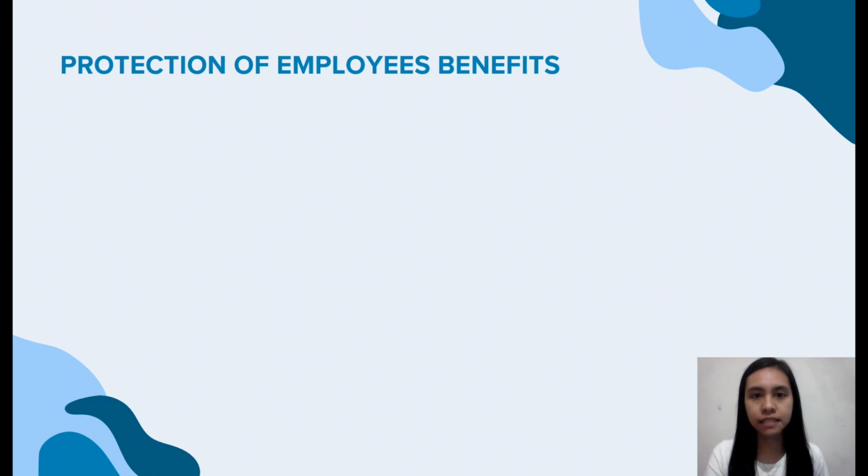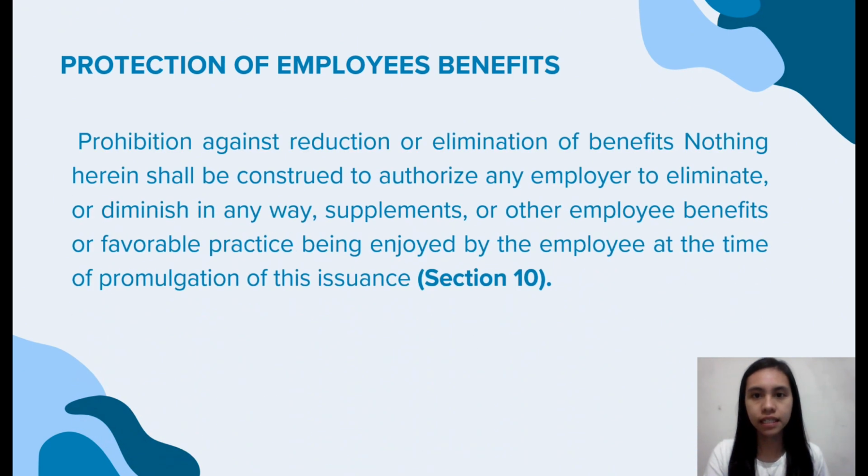Protection of employees' benefits. According to Section 10, prohibition against reduction or elimination of benefits, nothing herein shall be construed to authorize any employer to eliminate or diminish in any way supplements or other employee benefits or favorable practice being enjoyed by the employee at the time of promulgation of the issuance.